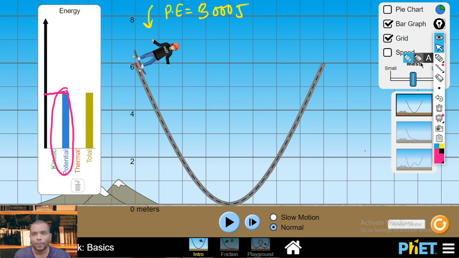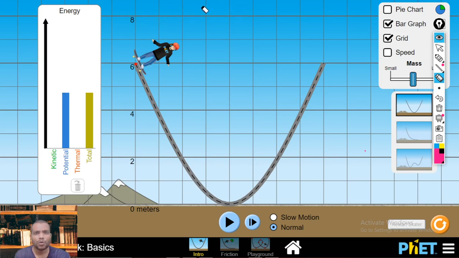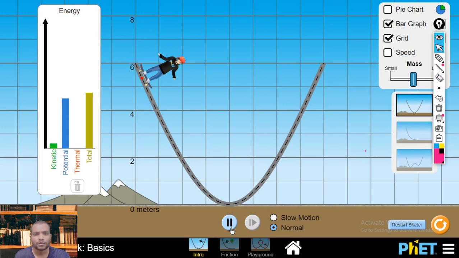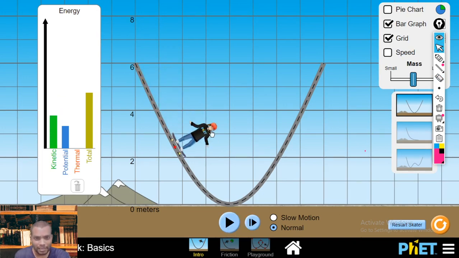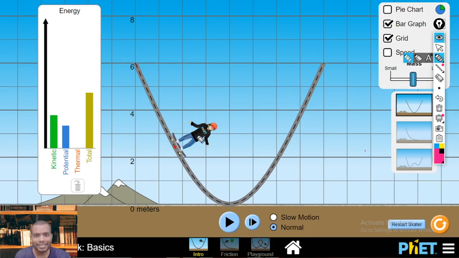Now if I play, what does he do? He moves. Now if I stop here, at this point he has two energies: energy due to height, since the height is this much now, and energy due to motion.